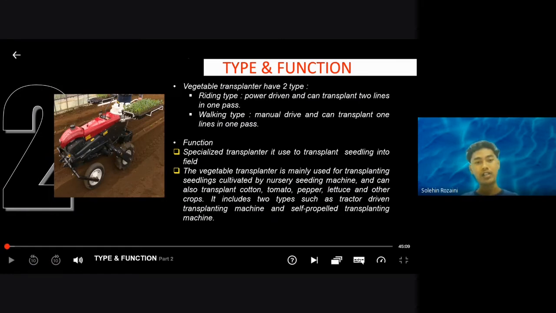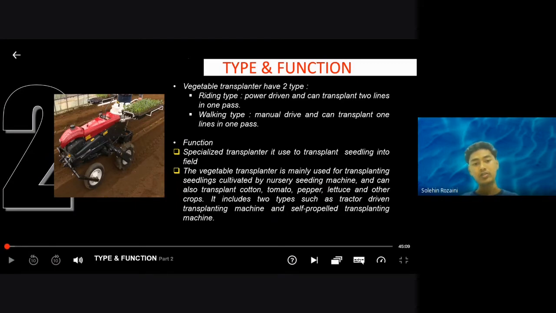Okay, let's talk about the function of the vegetable transplanter. The first is a specialized transplanter. It is used to transplant seedlings into the field, and the vegetable transplanter is mainly used for transplanting seedlings cultivated by a nursery seeding machine and can also transplant cotton, tomato, pepper, lettuce, and other crops.